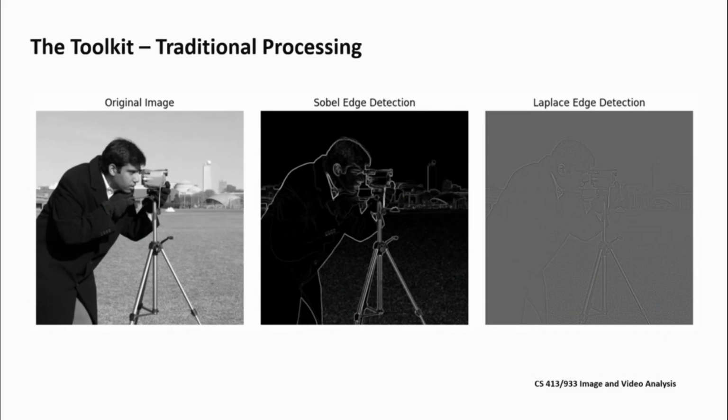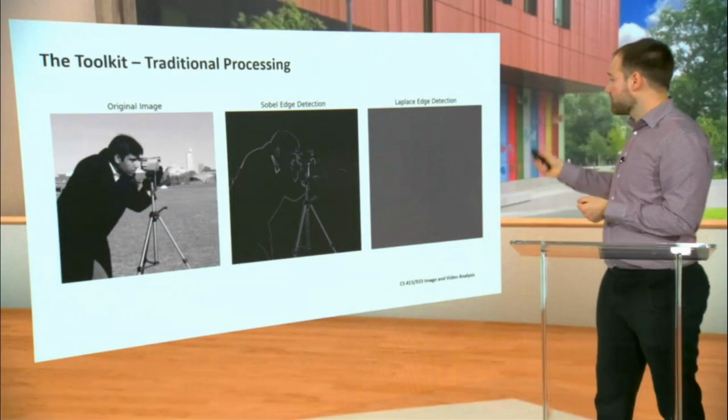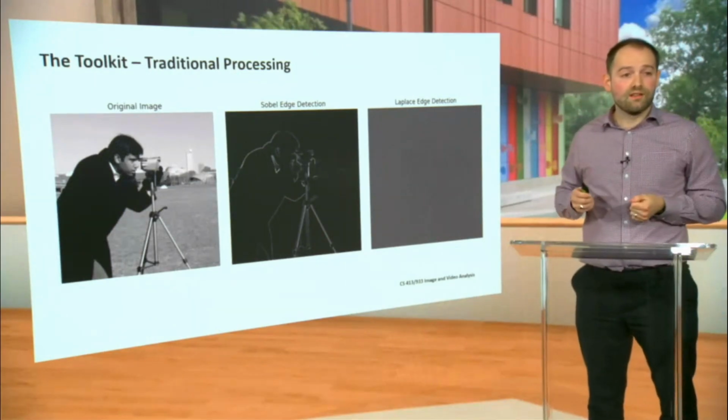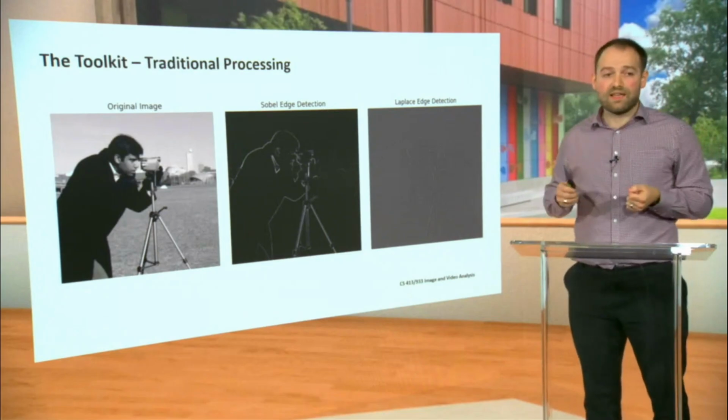So we take this image and we apply, in the middle case, a Sobel operator or a Sobel filter. And this is essentially a matrix that we multiply through by the image in a sliding window fashion. And we get this output, which looks like a series of contours or edges. So this Sobel filter actually detects these edges.